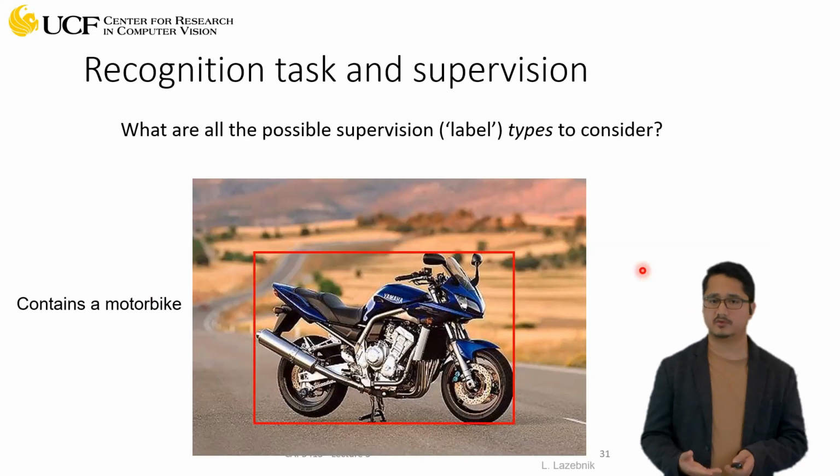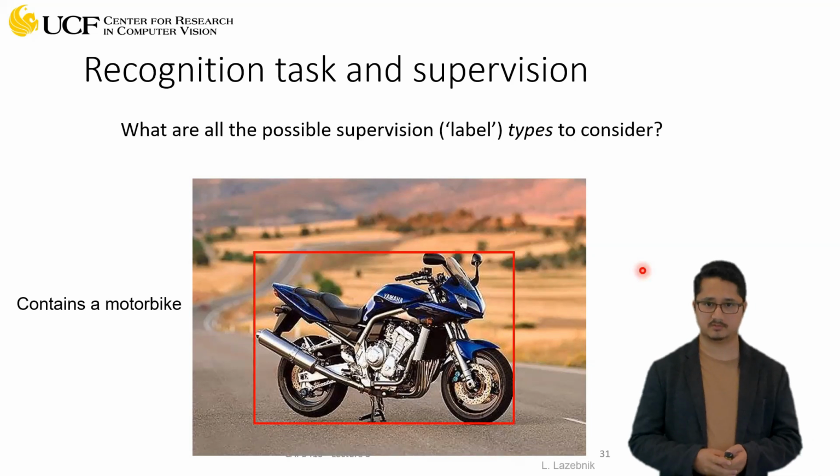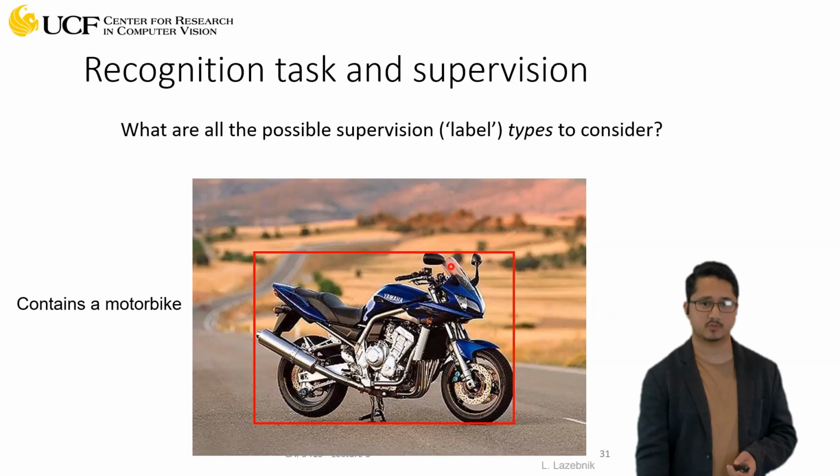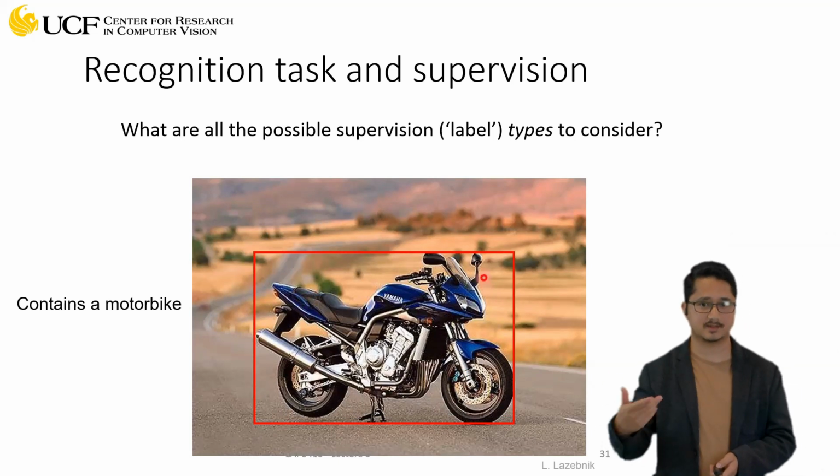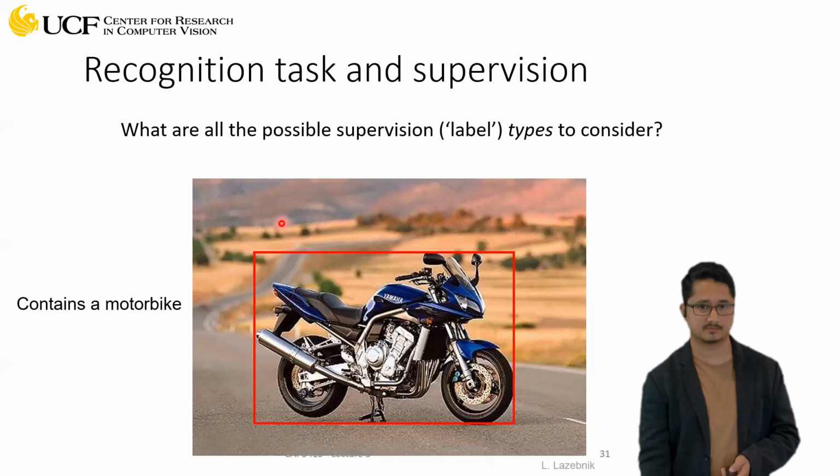Now, if you have to perform object detection, one variation is that you will have to draw this kind of bounding box. In that case, as a ground truth, you will need this kind of bounding box on the image, because your model is going to make predictions saying this is the location where the motorbike is present. Then to evaluate whether your model is correct or not, you will need this label. So for detection, you need bounding boxes.